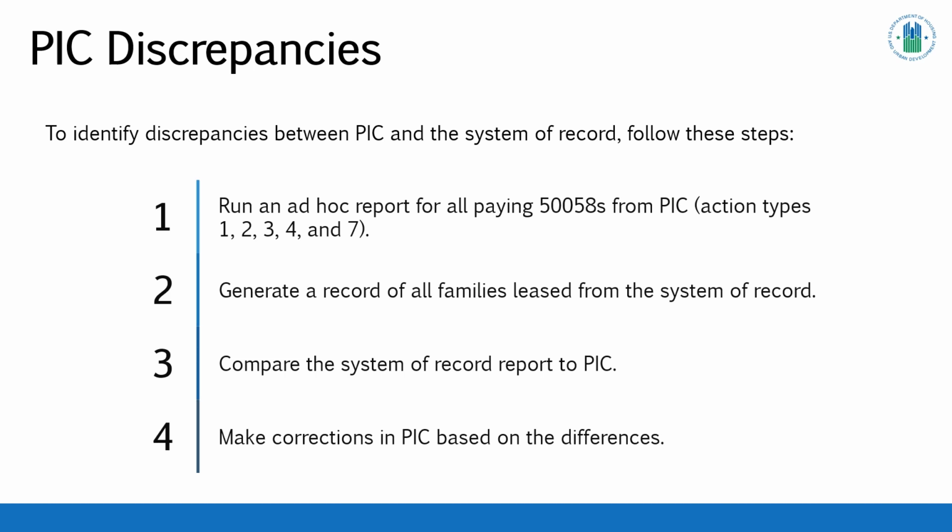Compare the system of record report to PIC. Make corrections in PIC based on the differences. Note, all PIC discrepancies and fatal errors need to be corrected across all action types, including 5, 6, 8, 9, 10, and 13.